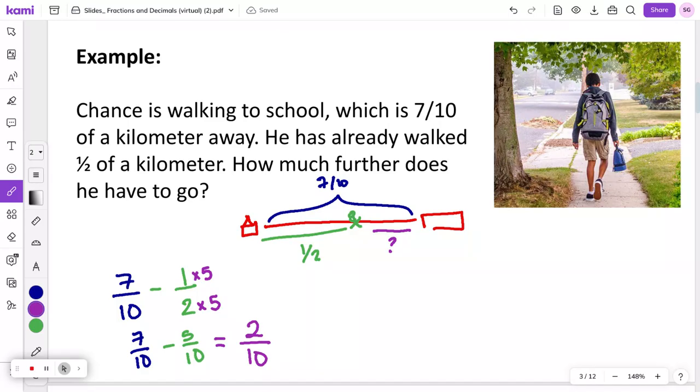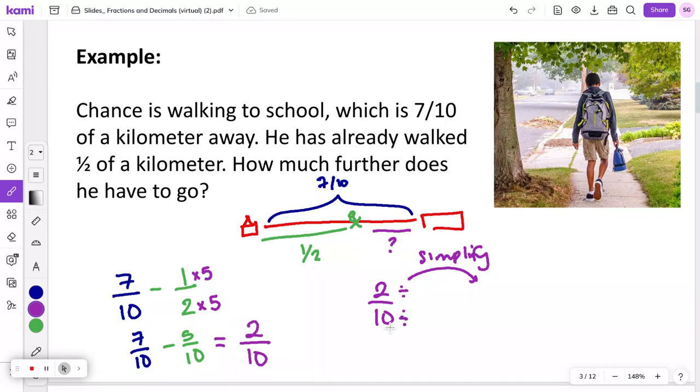Now, anytime you're working with fractions, we always check to see, can you simplify your fraction? And here, that fraction 2/10, I can simplify. I'm just going to copy it up here a little bit. In order to simplify that fraction, it's kind of like the opposite of what we did here with the multiplication. Simplifying a fraction means we're going to keep the amount the same, but we just want the numbers to be smaller. And we use division to help us do that.